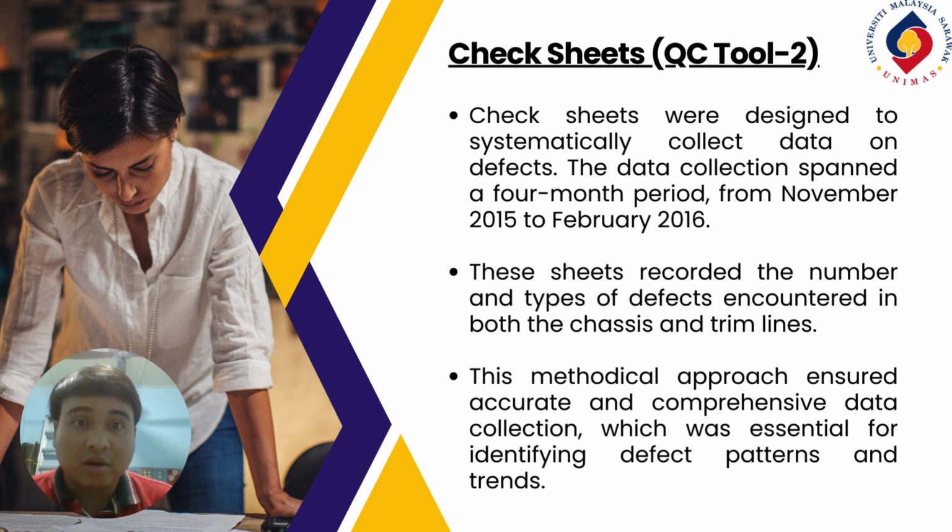These sheets record the number and the type of defects encountered in both the chassis and the trim lines. This methodical approach ensures accurate and comprehensive data collection, which was essential for identifying defects, patterns, and trends.